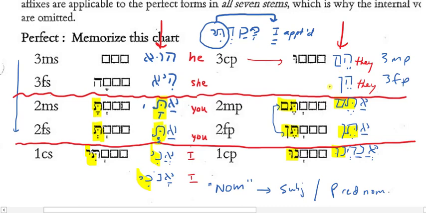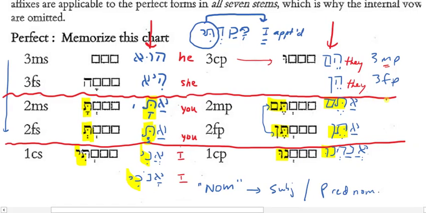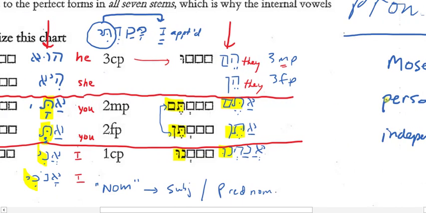And if you see a mem, that tells you it's what gender? Masculine. Let the mem, which is an M, remind you of the M of third masculine plural, okay? If it's mem, it's masculine. Now, if you look at the Ross textbook, you also learn that there are two alternate forms for hem and hen, and they're simply forms that add an unstressed qamets he to the end of the hem.